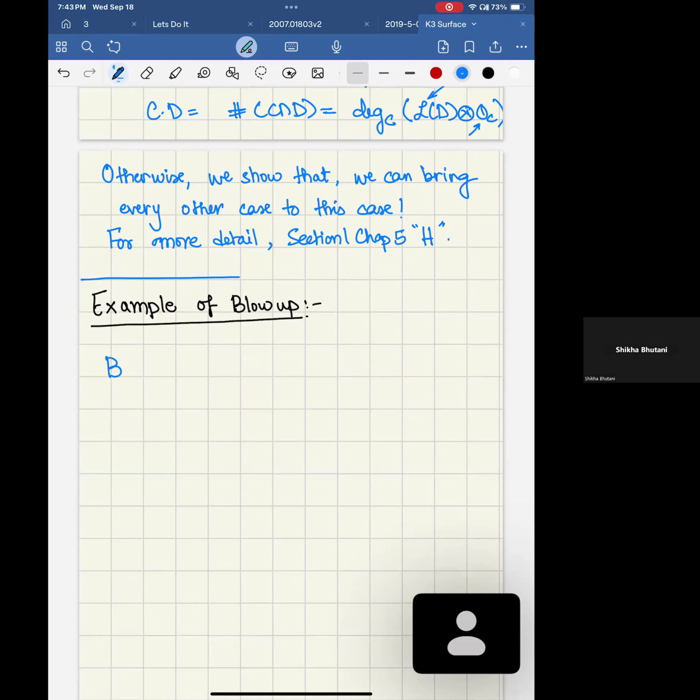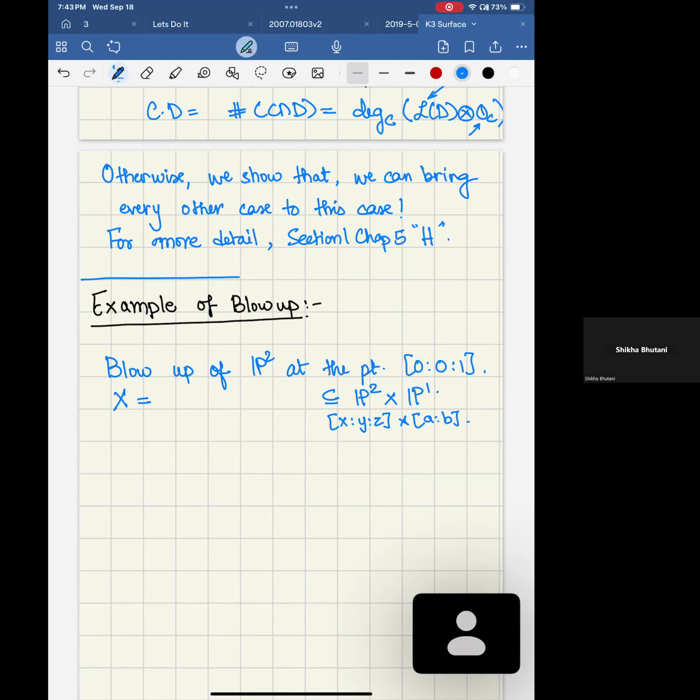If we want to define the blow up of P2 at the point 0, 0, 1, we define it to be the subvariety inside P2 cross P1, where the coordinates of P2 are given by x, y, and z, and the coordinates of P1 are given by a and b.